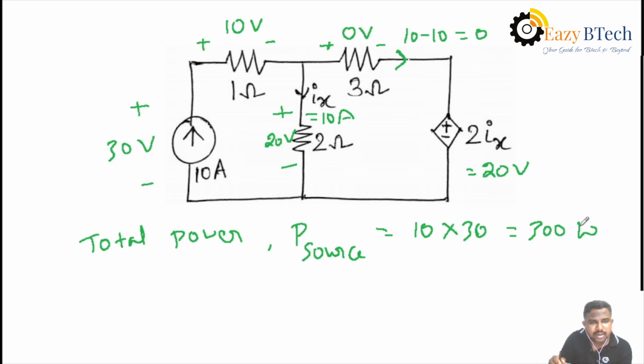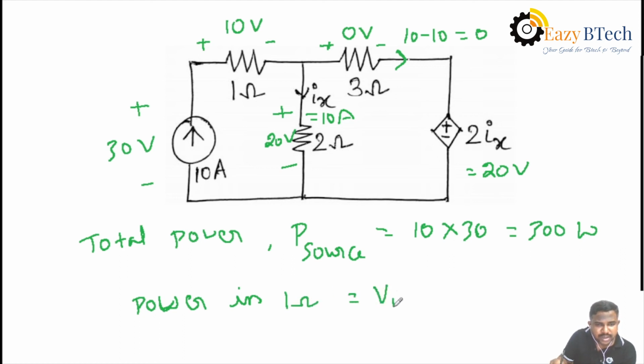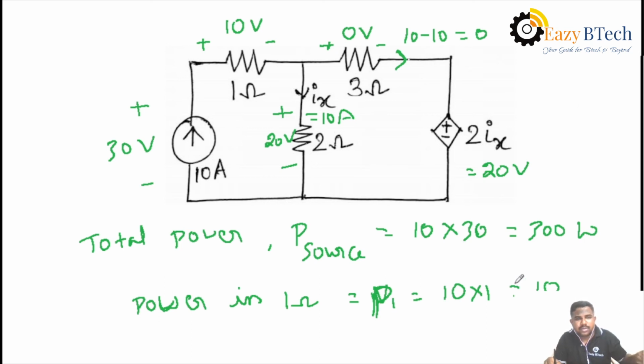In a similar manner, you can find the total power in each branch. That means the power loss in 1 ohm, taken as P1, is V into I, that is 10 into 1. Voltage is 10, current 10, that is 100 watts.